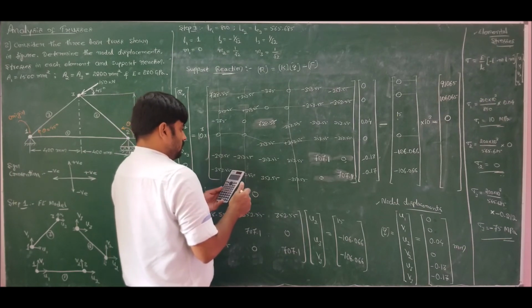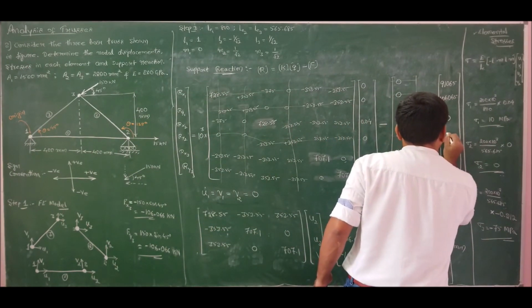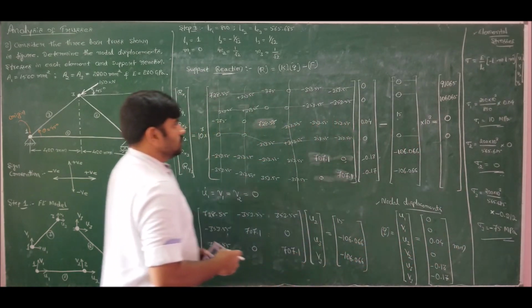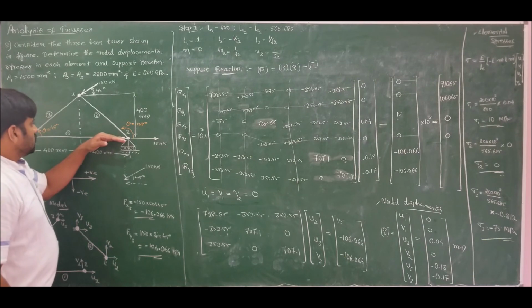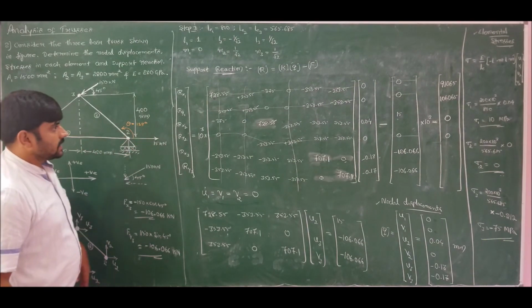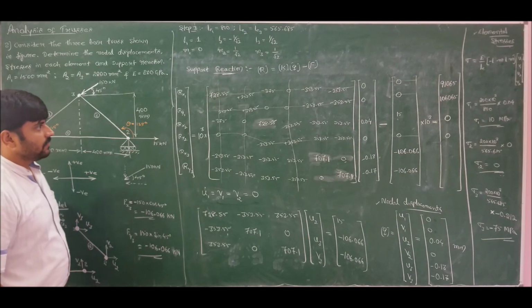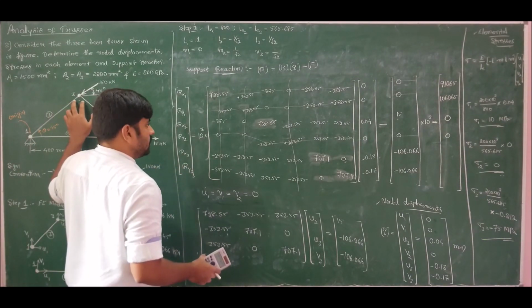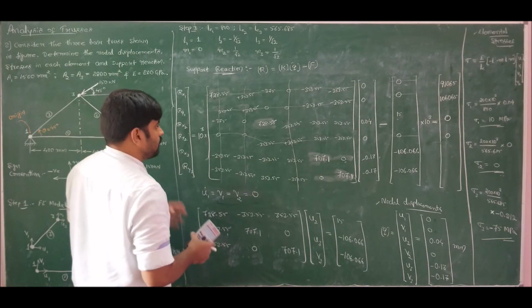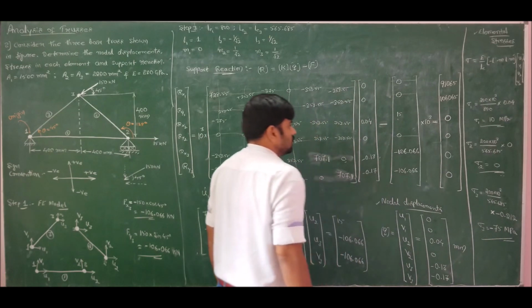So we are getting the answer as 0 for reaction along Y also. This is because the truss is moving only in the x direction. So the force is completely acting in the x direction, which is 15 kN. Next, coming for node number 3, since at node number 3 we don't have any supports, this is also equal to 0 and this is also nearly equal to 0.